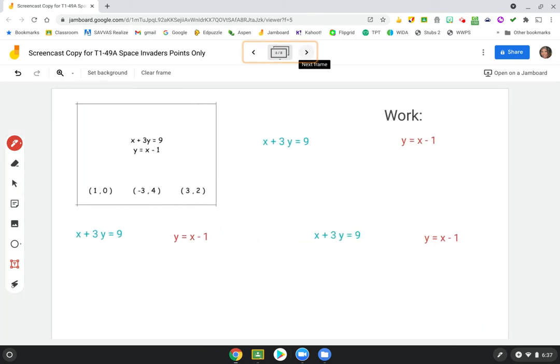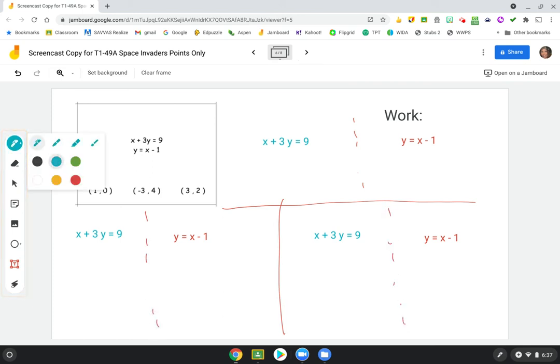Okay, looking at the next one. Saving time. So if I look and substitute in, I have 0 plus 3 times 1 equals 9. 0 plus 3 is not going to equal 9.